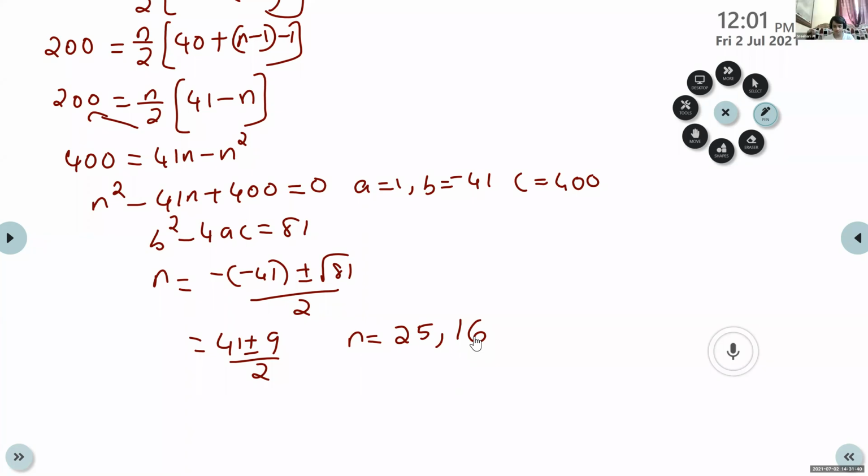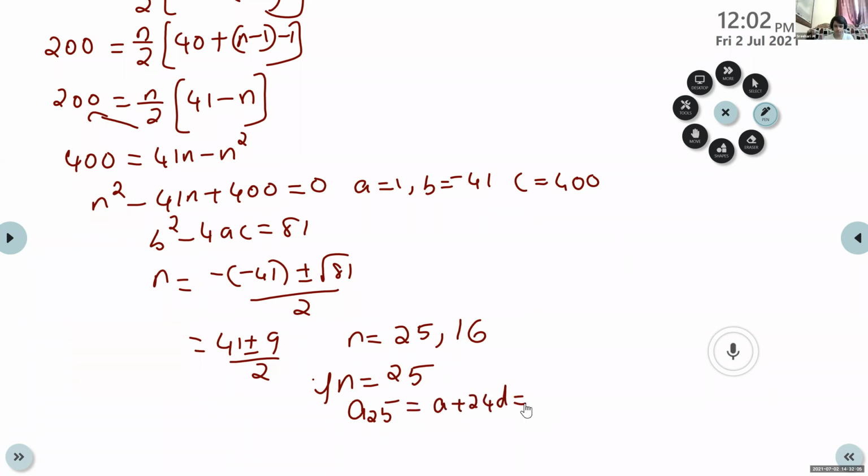Why did you choose? Ma'am, I checked. Yes, we have to check with 25. If n equal to 25, first find the top row, that is, find A25. A25 is a plus 24d.